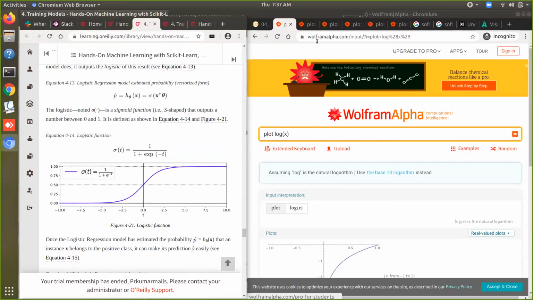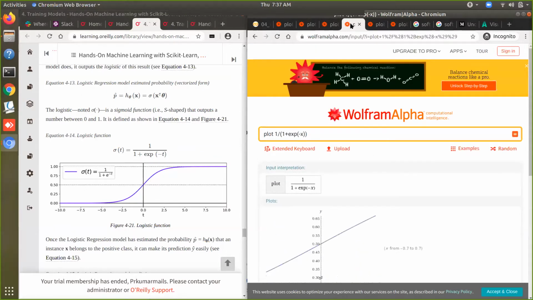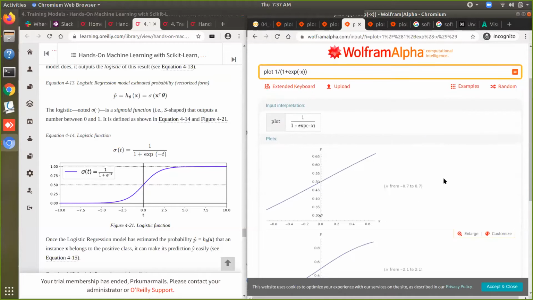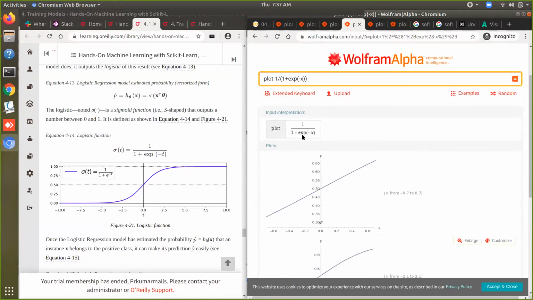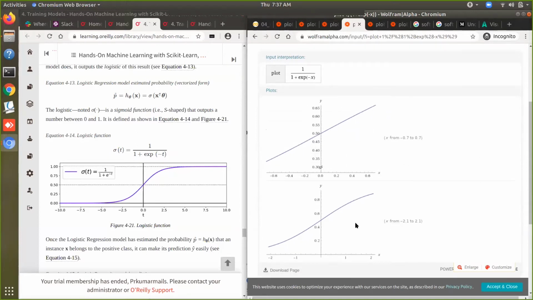If we visualize it, it will be like this. This is the curve for that exponential. In the middle range it looks linear, and the slope will vary accordingly. After this point it goes like an asymptote to one.